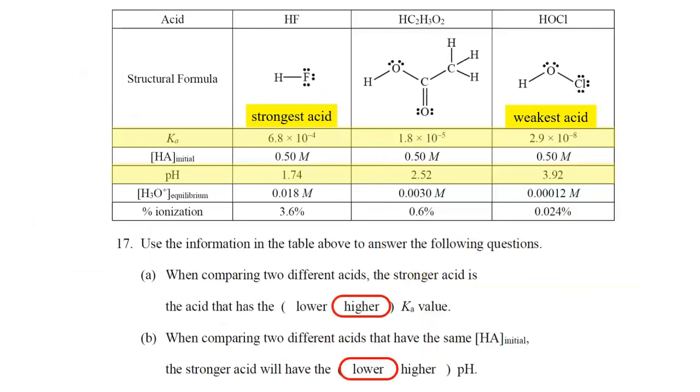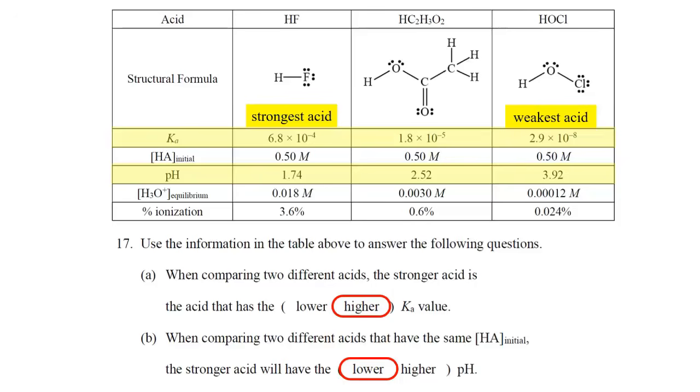On this next slide, this was also from my video for topic 8.3, weak acids and bases. So as I was comparing three different acids that all had a concentration of 0.50 moles per liter for the acid, we discovered a general trend.